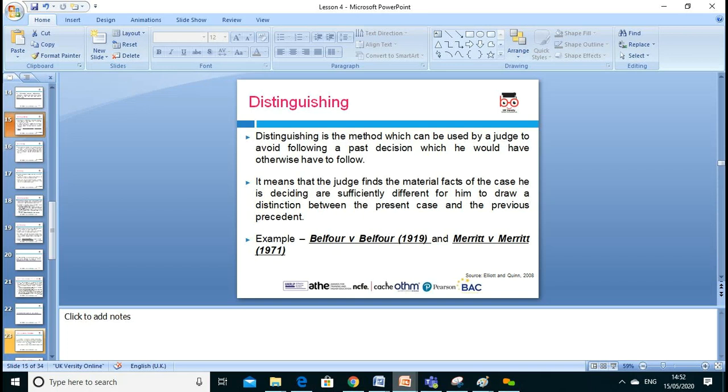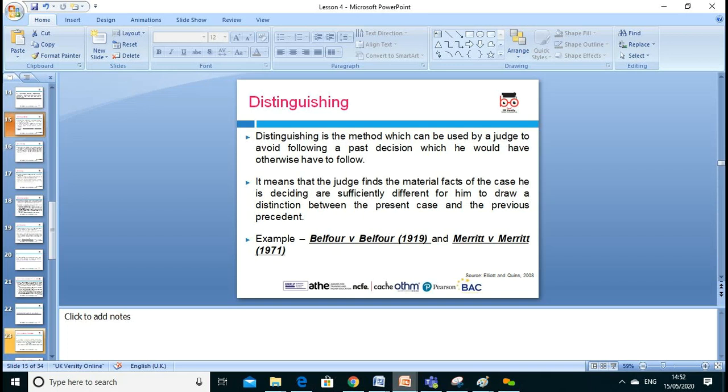It means the judge finds the material facts of the case are significantly different, and draws distinctions between the present case and the previous precedent.